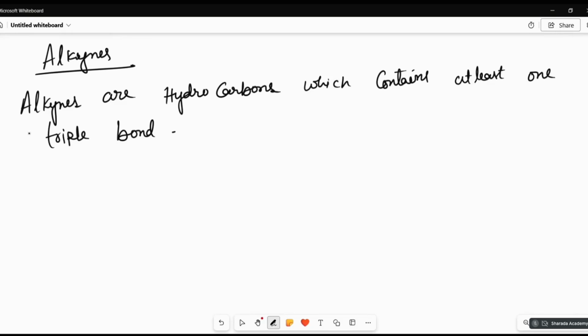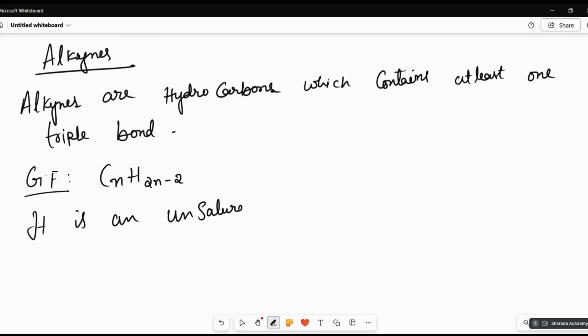So what is the general formula? We have CnH2n minus 2. Okay, first, this is unsaturated only. Yes, it is an unsaturated hydrocarbon.